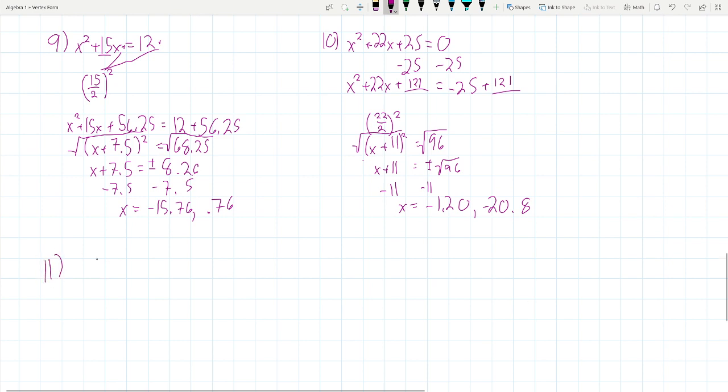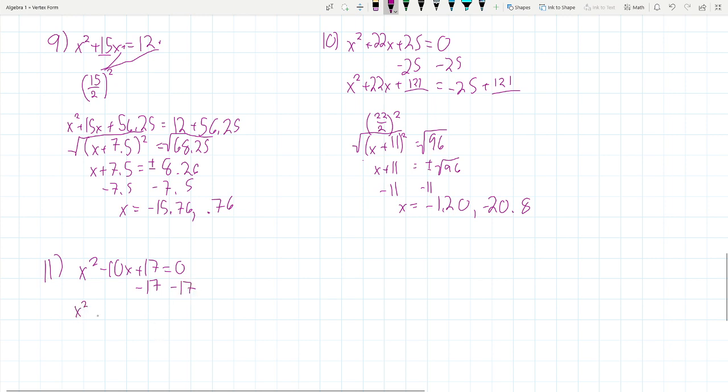Number 11. If I have x squared minus 10x plus 17 equals 0, I subtract 17 from both sides.